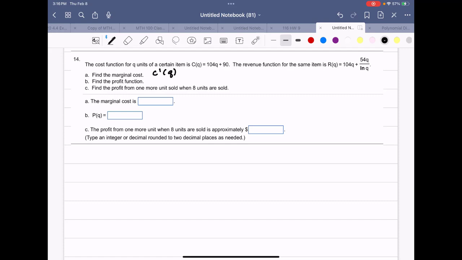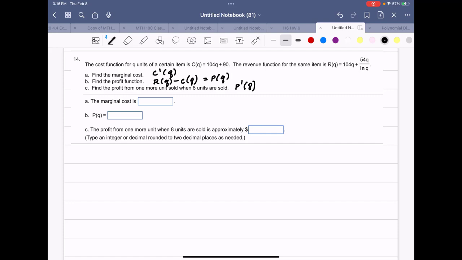B, find the profit function. Well, that means we need to take our revenue of Q, take away our costs at Q. And C, find the profit from one more unit sold when 8 units are sold. That means once we've found this profit function of Q, we need to find P prime of 8.